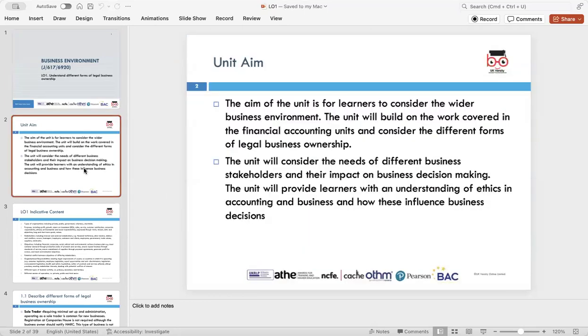The unit aims to expand on financial accounting concepts and delve into the diverse business environment, specifically exploring various legal forms of business ownership, considering the needs of different stakeholders and their impact on decision making. Ethics in accounting and business are also discussed, highlighting their influence on business decisions.